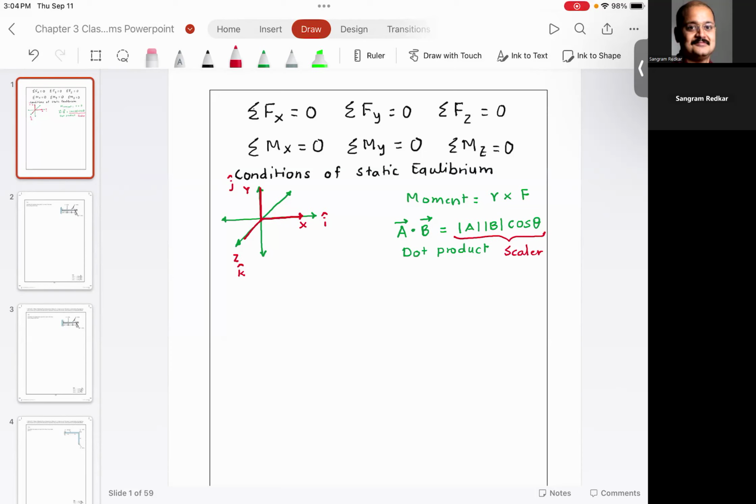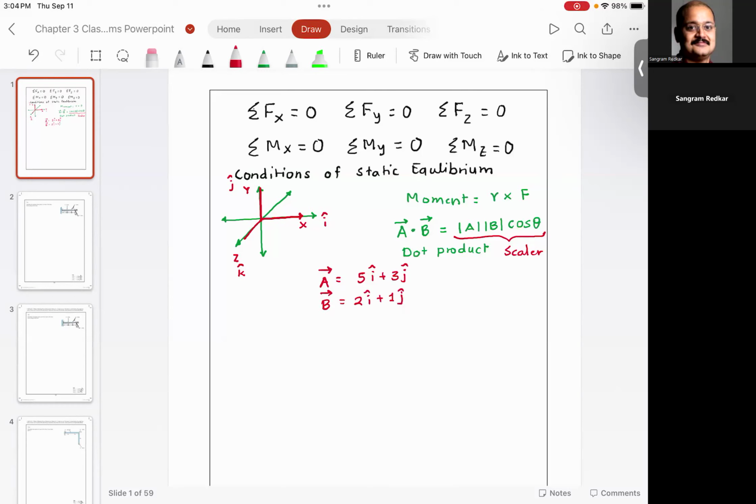Let me give you an example. If I say A is equal to 5i plus 3j and B is equal to 2i plus 1j.